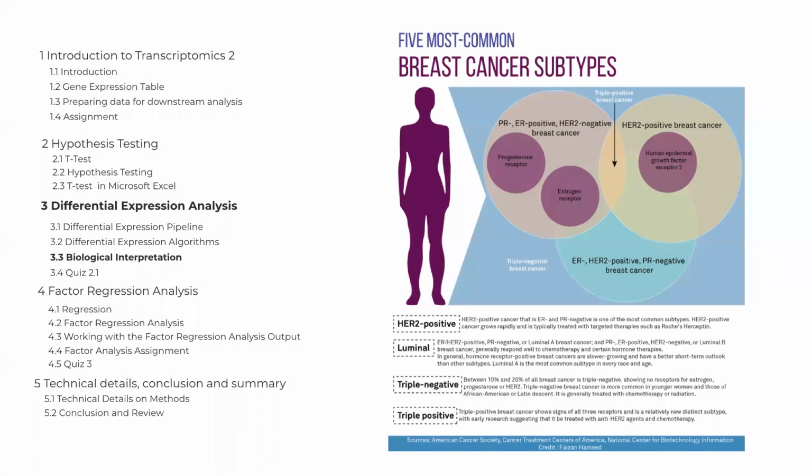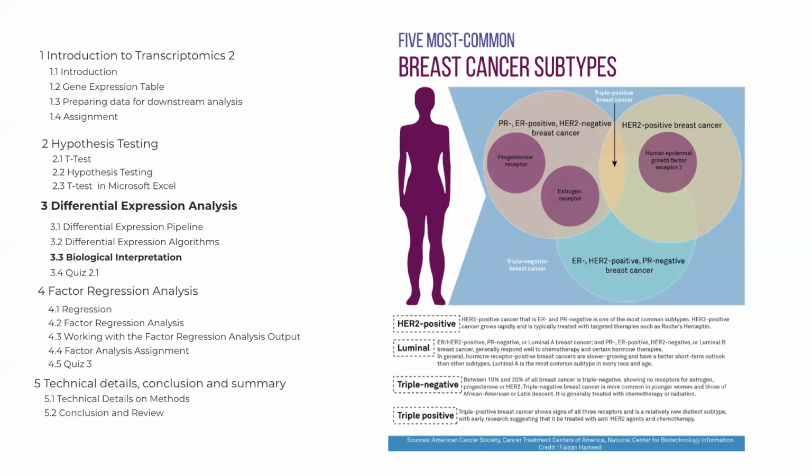We also talked about biological interpretation of our differentially expressed genes. And we found some intriguing insights into the underlying differences between ER positive and TN subtypes of breast cancer. In our data set, we found 20 genes that were upregulated in TN. And then we saw that 4 of those belong to a class of molecules called non-coding RNAs, which are ncRNAs for short.